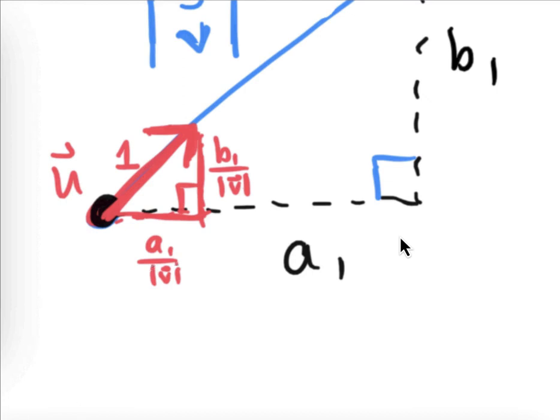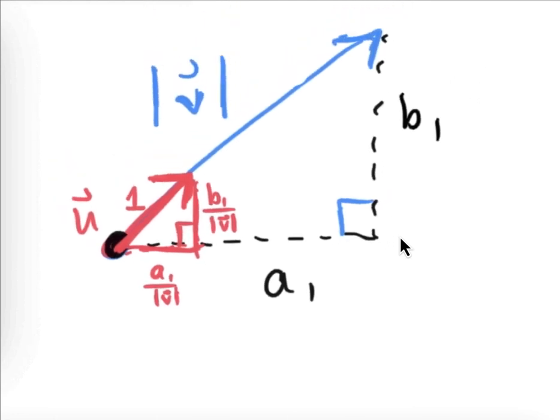So we would shrink this triangle down using similar triangles so that the hypotenuse side is the length that we want, which is 1, and then all of the other sides would have to be shrunk down by that same quantity, or by that same factor of mag v.